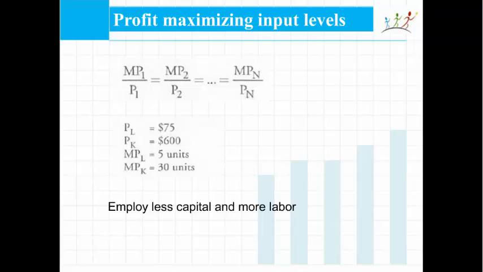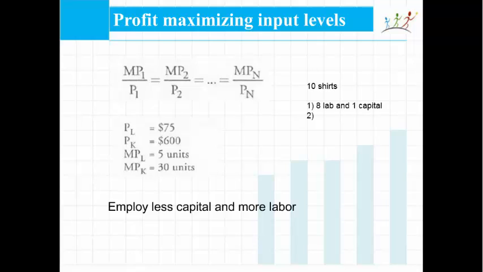Now, to produce a particular commodity, I can employ a mix of capital and labor. So to produce 10 shirts, I have two options. First is employ 8 labor and 1 capital, or 1 machine.